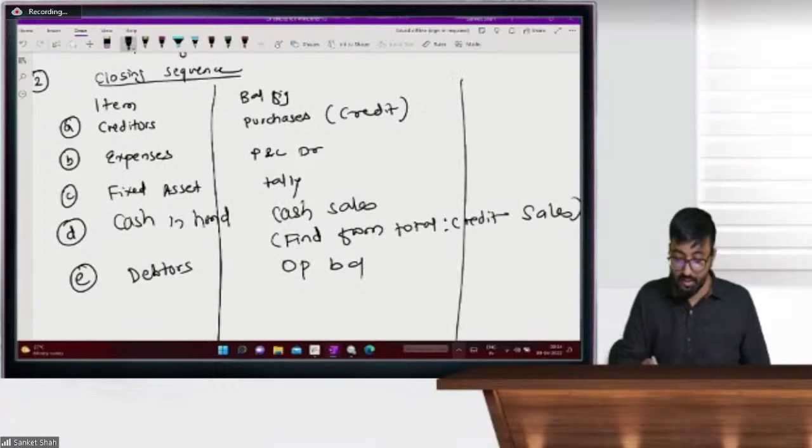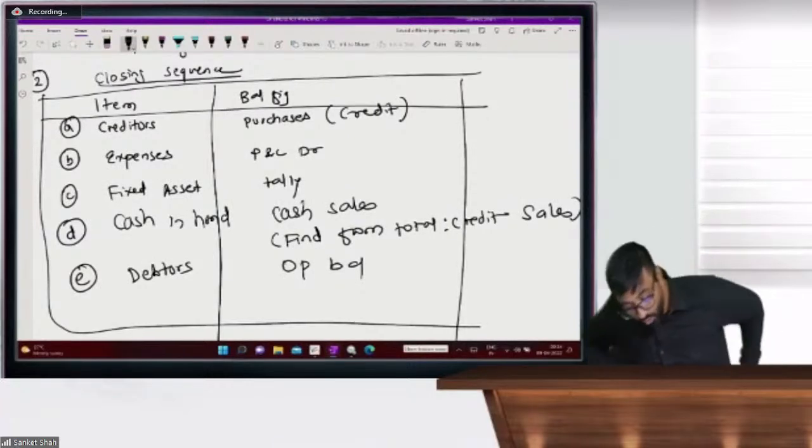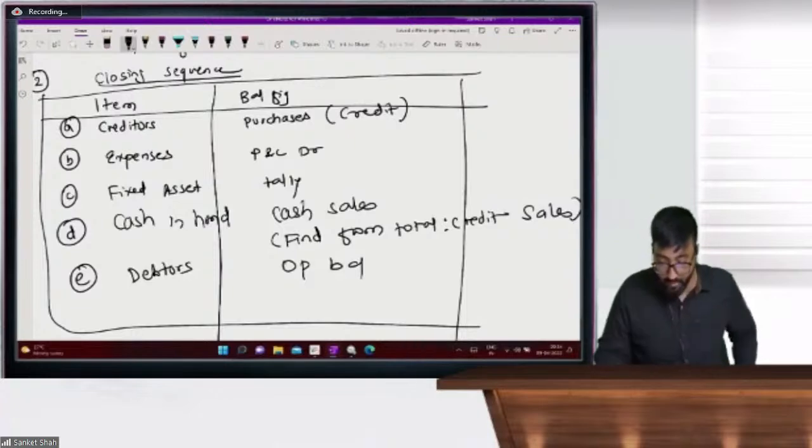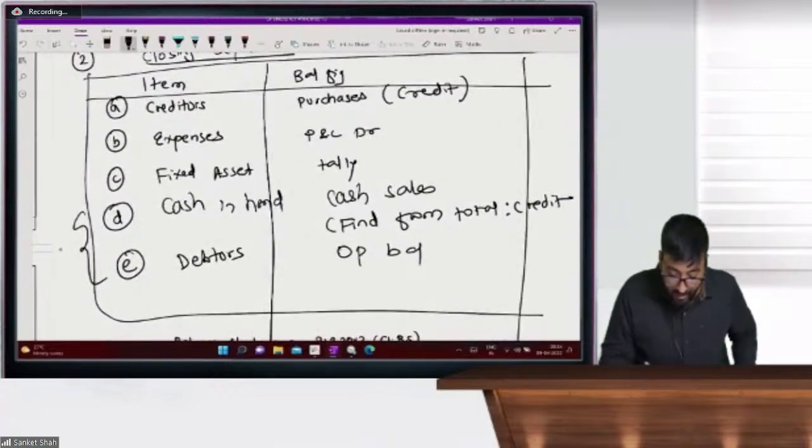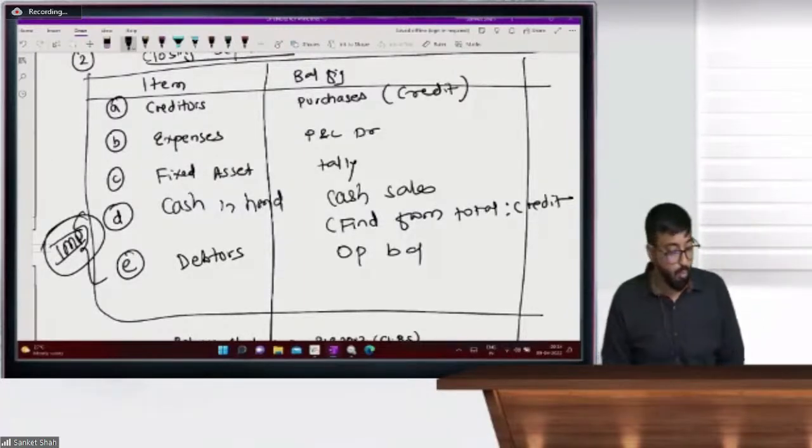So this is a sequence which will help you out while revising it. How you close these accounts. D and E are important. Red pencil लिखना. D and E are important. Okay.